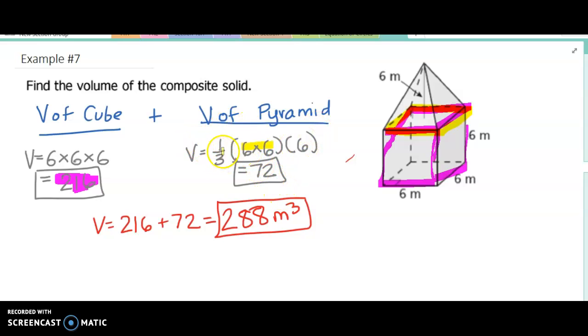So the volume of the pyramid is 1/3 area of the base, which is 36, times height, which is 6, so you get 72 for the volume of that pyramid. So the volume of this composite figure, you would add the 216 and the 72, and you would get right here 288 meters cubed.